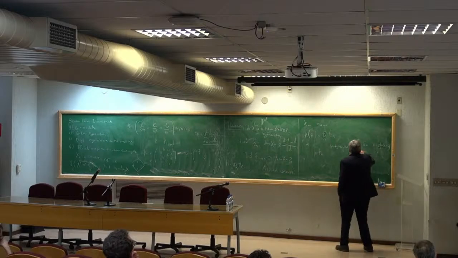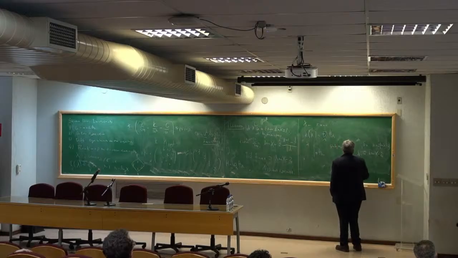And the maximal one is bigger than dimension of X minus 2. Then you conclude that X is not rational.